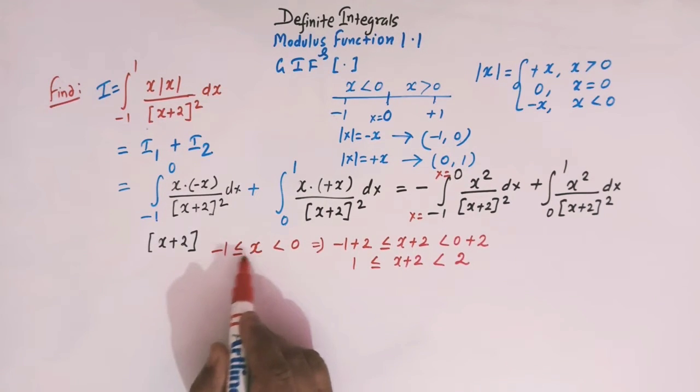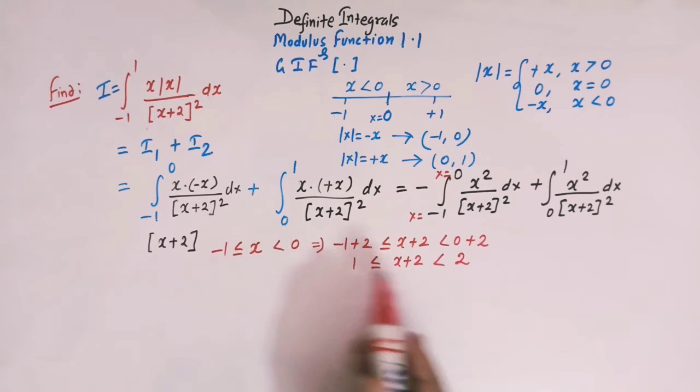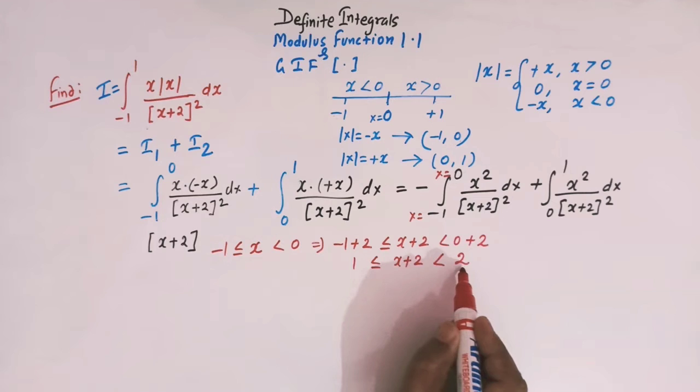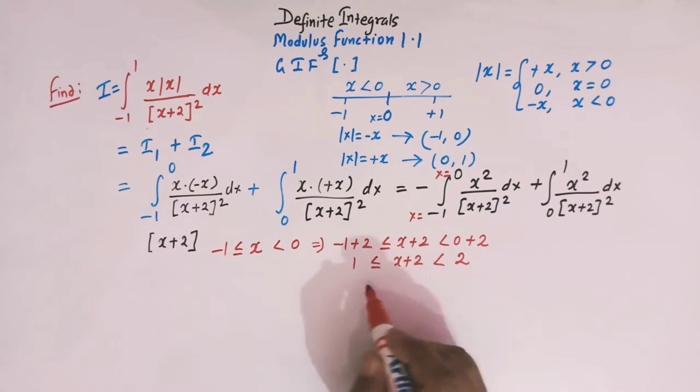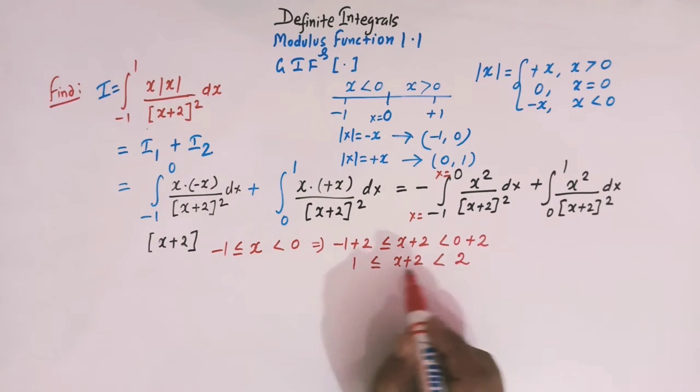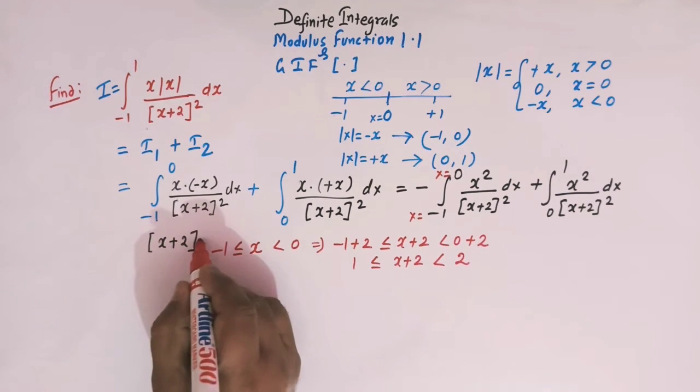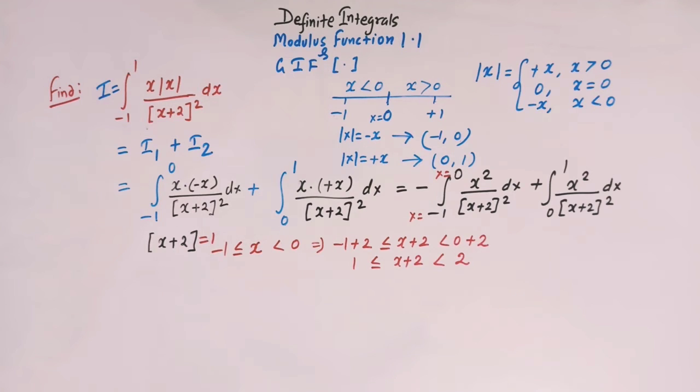So when x lies between -1 and 0, then x plus 2 lies between 1 and 2, right? And from the definition of greatest integer function, the value of greatest integer of x plus 2 is equal to 1, right?